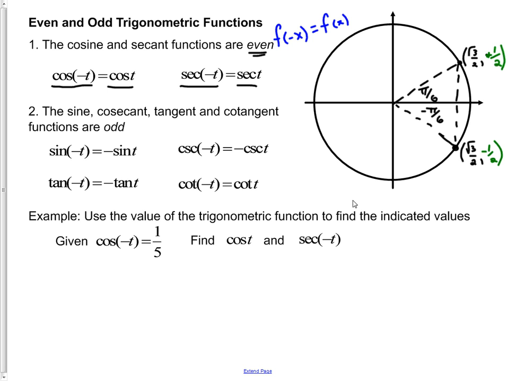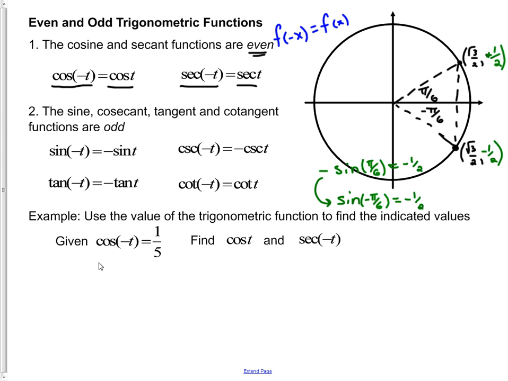Well, since the sine of negative pi over 6 would give us negative 1/2, it is the opposite of the sine of the angle positive pi over 6, which is positive 1/2. So we take the negative of that. In other words, the negative of sine pi over 6 is the same as the sine of negative pi over 6. All of these other functions, cosecant, tangent, and cotangent, are just like that.